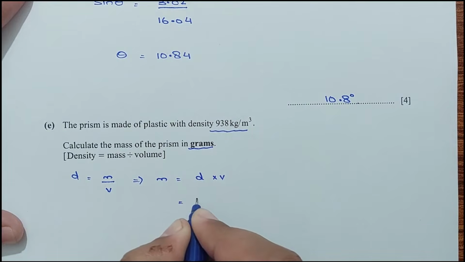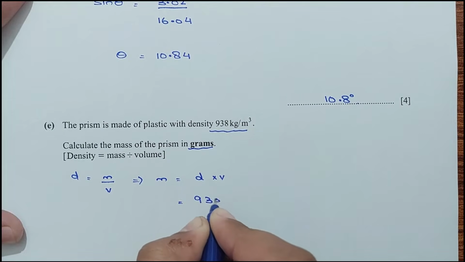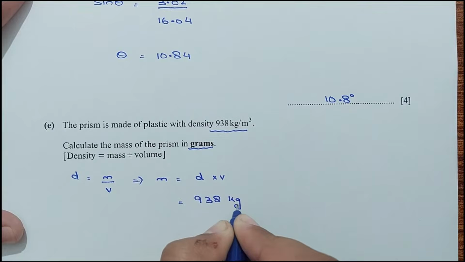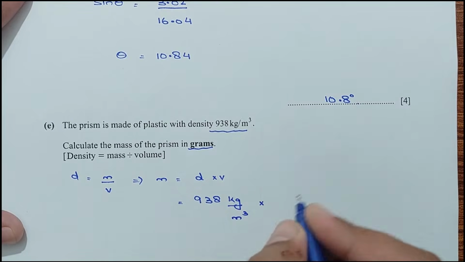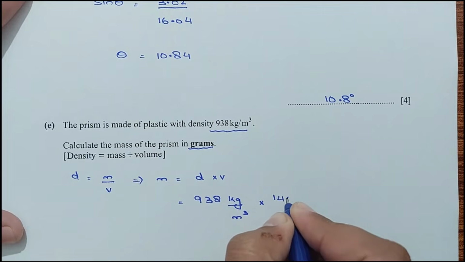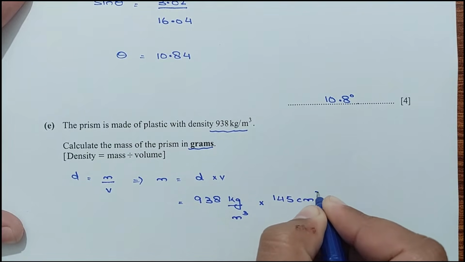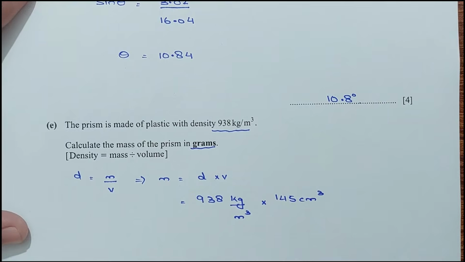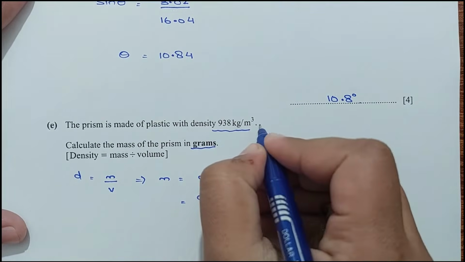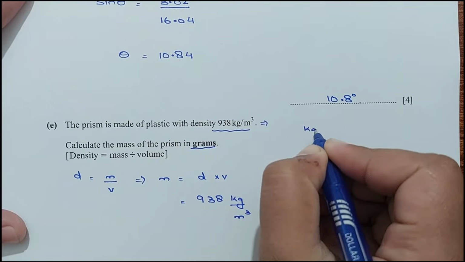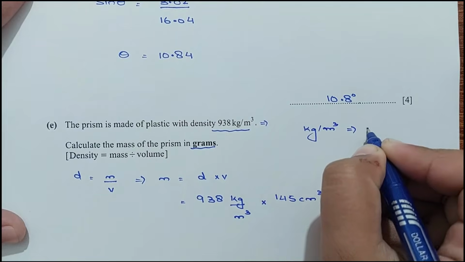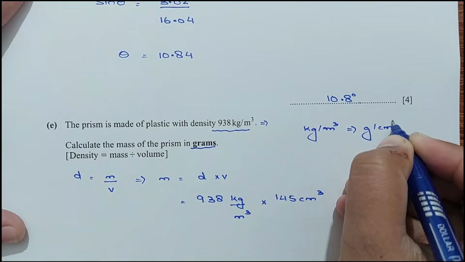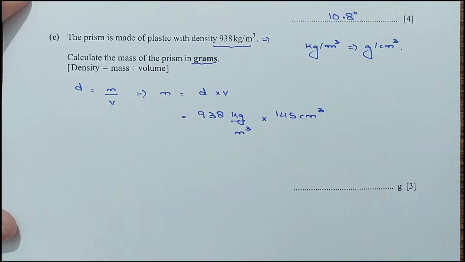The density we have given is 938 kilograms over meter cube. Multiply the volume we have given is 145 centimeter cube, right? So first we have to convert this density into gram. This kilograms per meter cube should be converted into grams per centimeter cube, right?